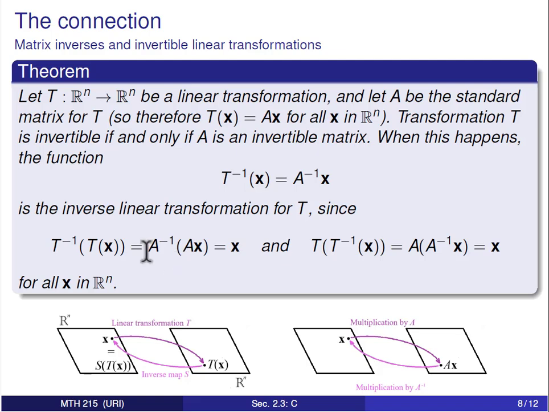And of course, when we multiply these together, the two matrices produce the identity matrix, which when you multiply onto the vector x just gives us the vector x. So these two functions undo each other in that order. They also undo each other for similar reasons in the other order. And so we see that this map, T inverse, which is defined as A inverse times x, is the inverse transformation for the linear transformation T.